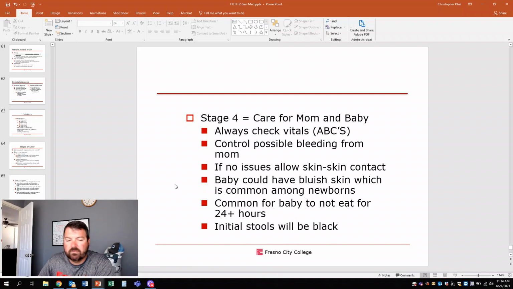It's common, nothing really wrong with that. A lot of the time, the baby won't eat for the first 24 hours. And the initial stool, which is the poop of the baby, is going to be black. Just know that, it's kind of weird. And it doesn't smell. They're just trying to secrete everything that they had in the womb.